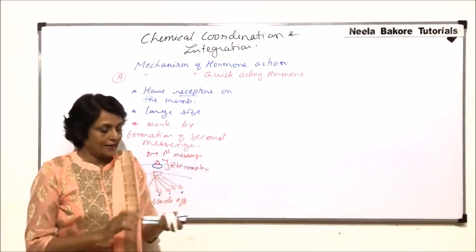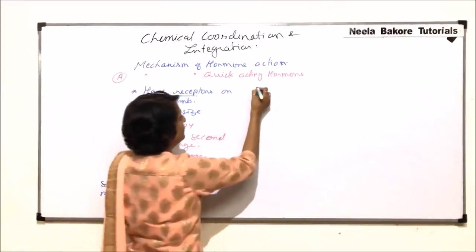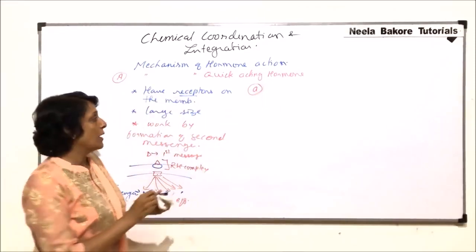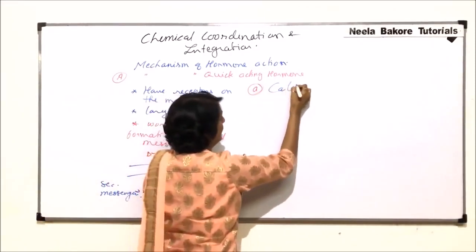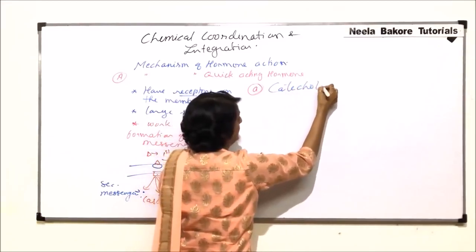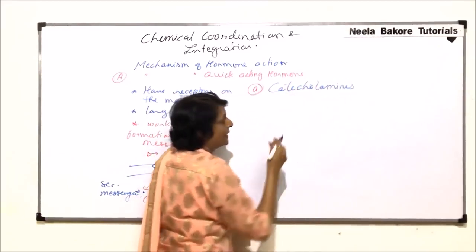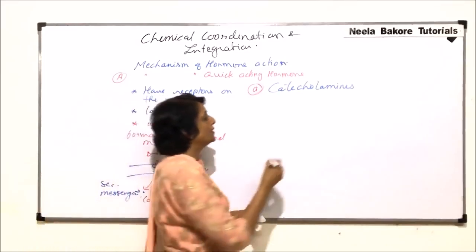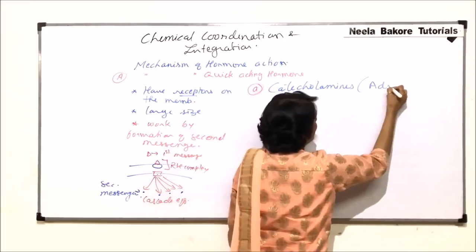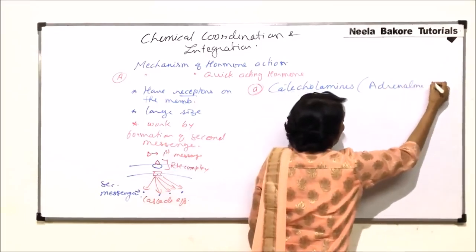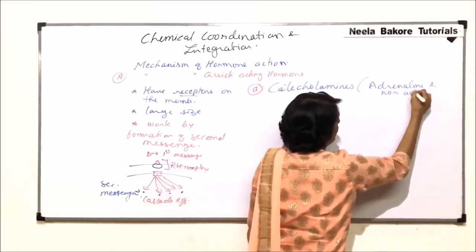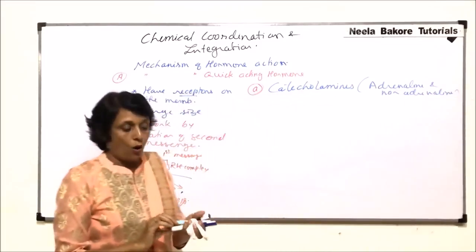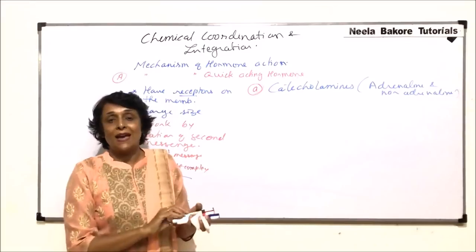Now we would take the example in this case. The first example that we are talking of is of catecholamines. Catecholamines is a term given to adrenaline and noradrenaline together. These are quick acting hormones. Now we need to understand how this mechanism works.